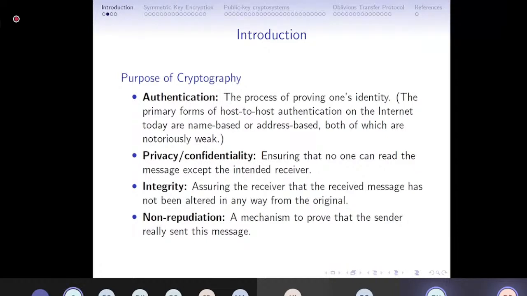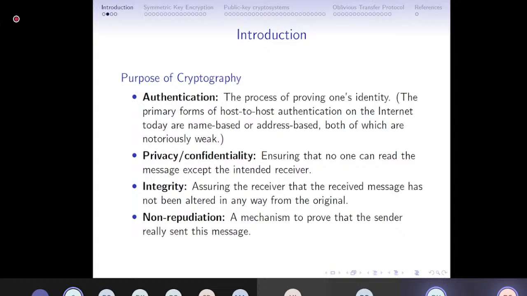Next one is privacy or confidentiality. Again, suppose that a person A wants to share some information with the person B. Only that person B can read the data, and in between, no one can read that data. The next one is integrity, which I have already explained on the previous slide. And the last one is non-repudiation. Suppose that a person A signs a particular agreement with certain terms and conditions.